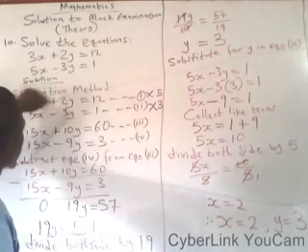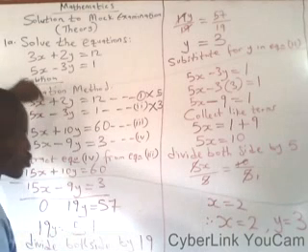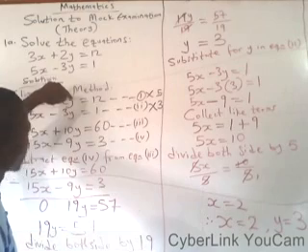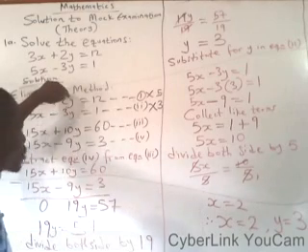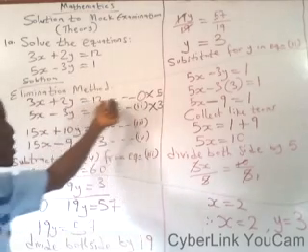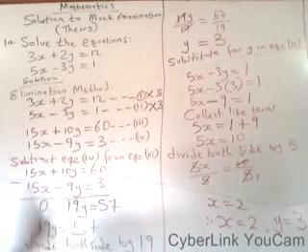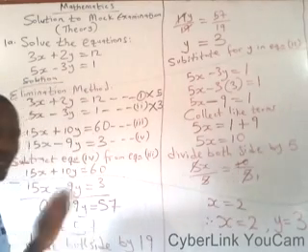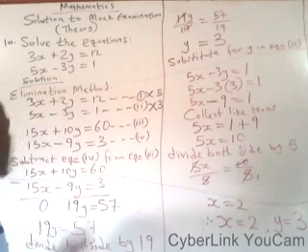By the time you sum it up, 3 times 2 will give us 6. 2 times 3 will also give us 6. 6 plus 6 will give us what? 12. If what you get here does not give you 12, that means something is wrong with your answer right from where you started solving it. You need to cross-check.